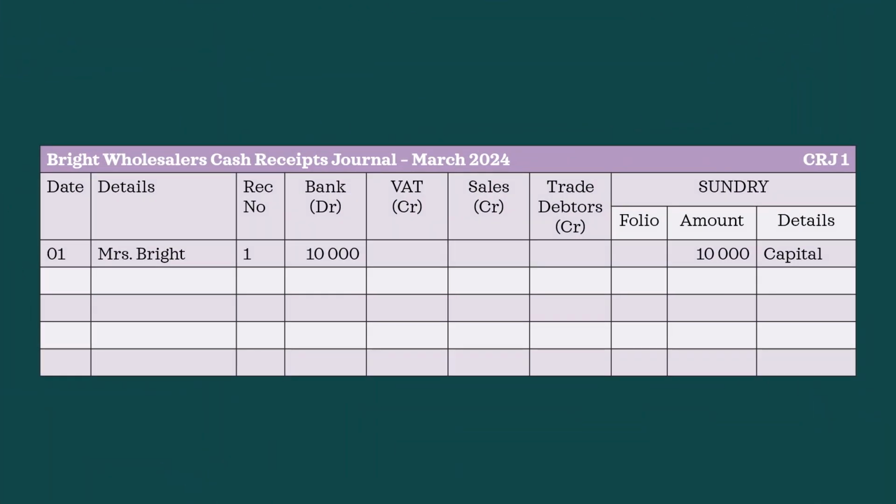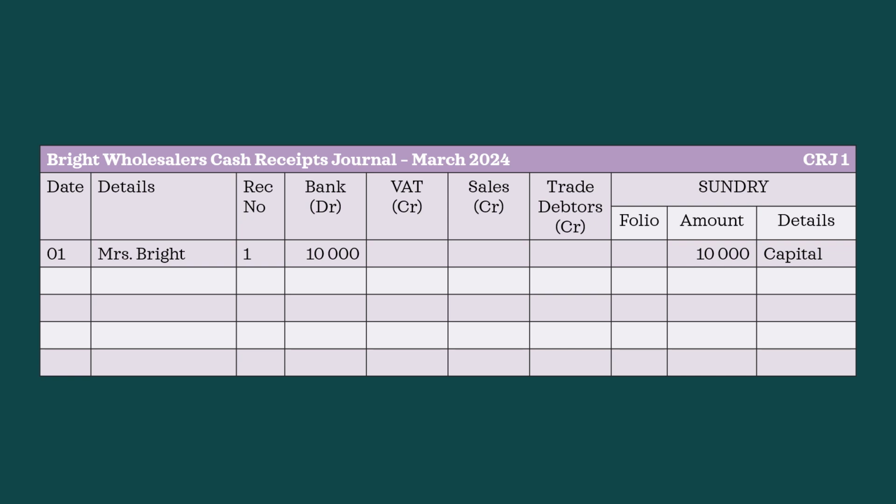Here we have the cash receipts journal, where we start with the date on the left, then the details of the transaction, the record number, then we have bank, VAT, sales and trade debtors, and then sundry, where we put everything that's not related to either bank, VAT, sales or trade debtors.